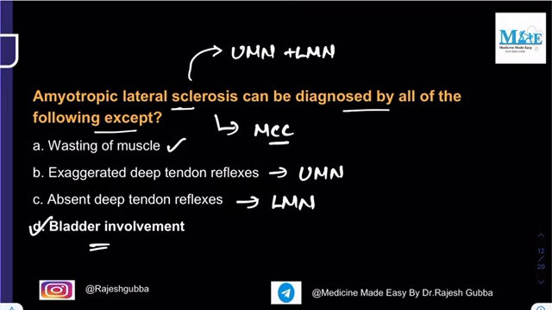In motor neuron disease per se, you can have bladder involvement, but in amyotrophic lateral sclerosis, which is a subtype of motor neuron disease, the bladder involvement is uncommon. And you should know the structures which are not involved in amyotrophic lateral sclerosis.